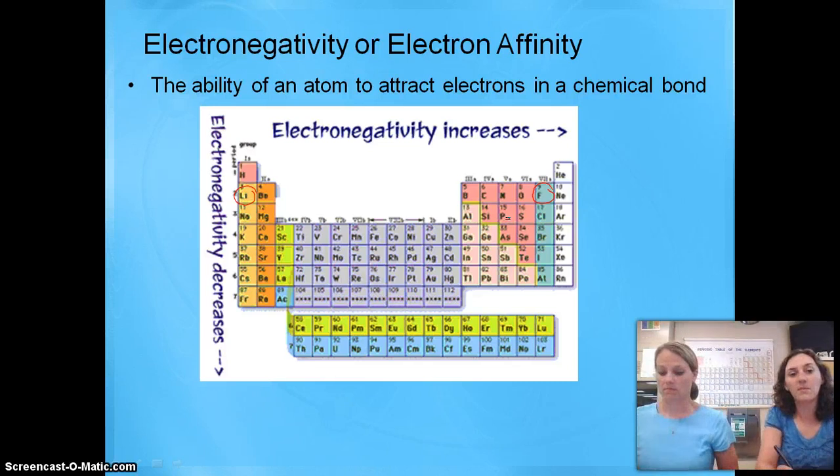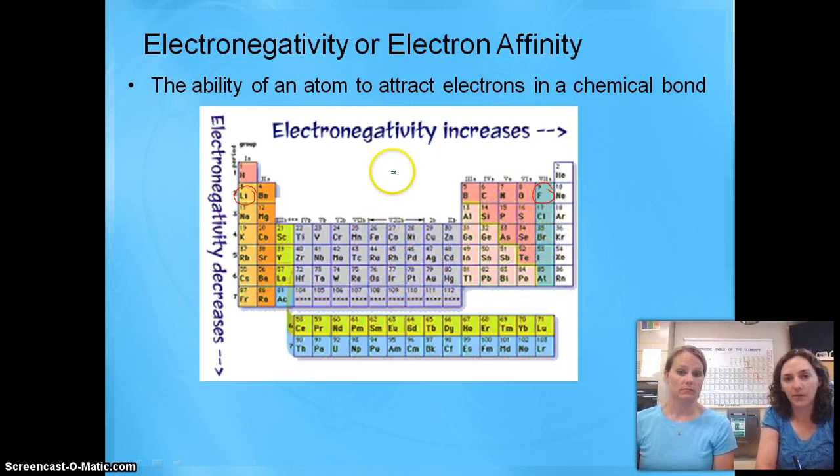And memorize them. Electronegativity increases as you go towards fluorine. So it increases as you go to the right. It also increases as you go up. The other one that increases as you go left and as you go up is your ionization energy.